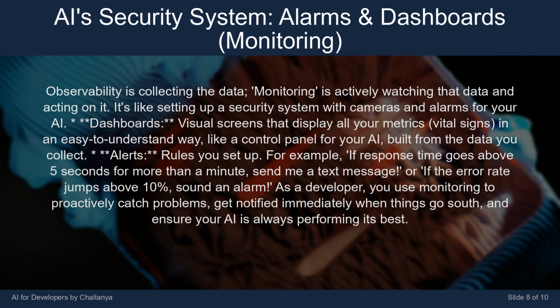Alerts: rules you set up. For example, if response time goes above 5 seconds for more than a minute, send me a text message. Or, if the error rate jumps above 10%, sound an alarm. As a developer, you use monitoring to proactively catch problems, get notified immediately when things go south, and ensure your AI is always performing its best.